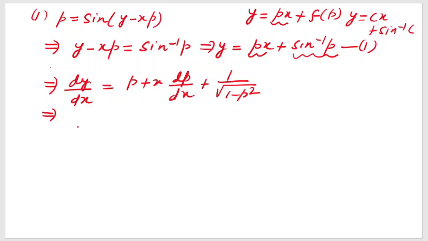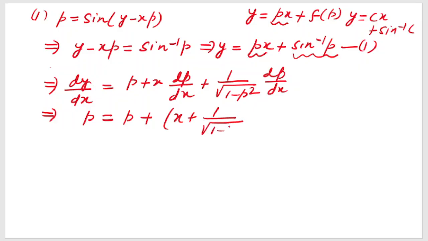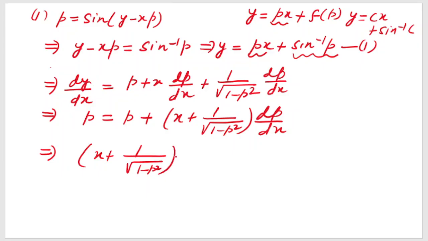Now what is dy by dx? dy by dx is equal to p, so I get p is equal to p plus, and here I missed one thing, it is dp by dx also, because I am differentiating with respect to x. So sine inverse p gives 1 by under root 1 minus p square times dp by dx, and here I get x plus 1 by under root 1 minus p square, times dp by dx, is equal to 0.